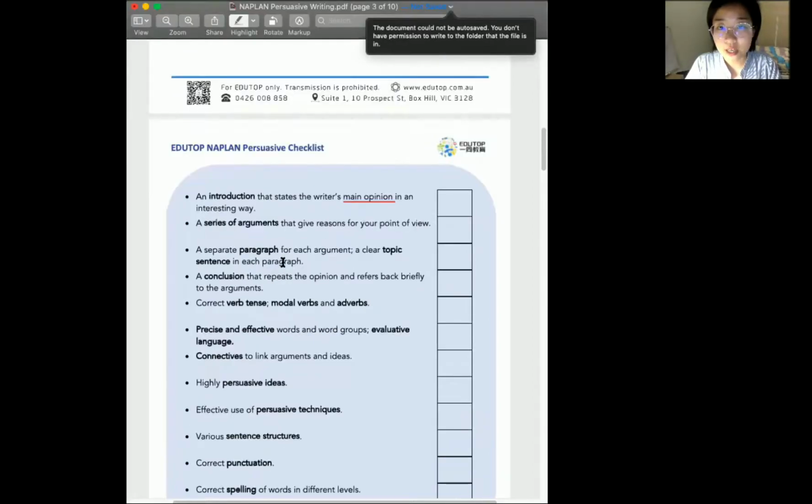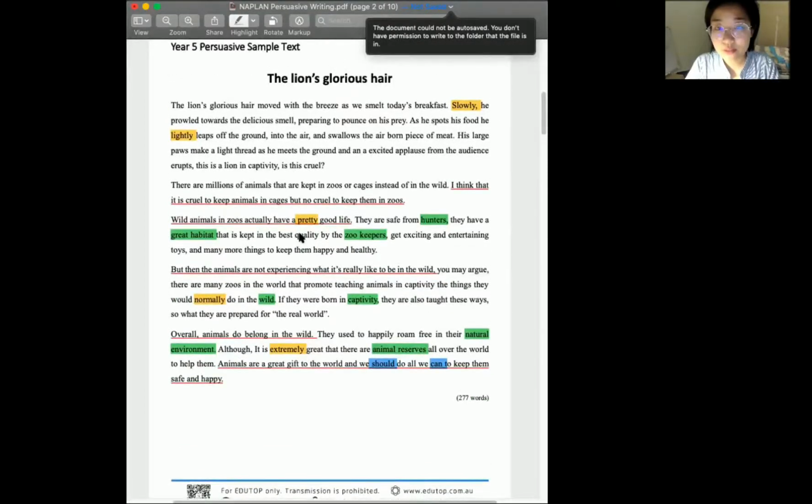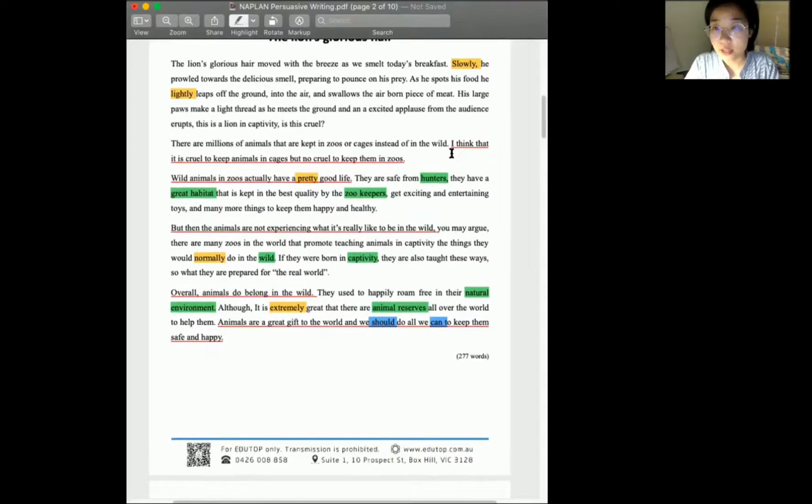However, in our story, can you find any use of evaluative language? Actually, you can pause here and think about it. One example will be in the opinion part. I think that it is cruel to keep animals in cages.